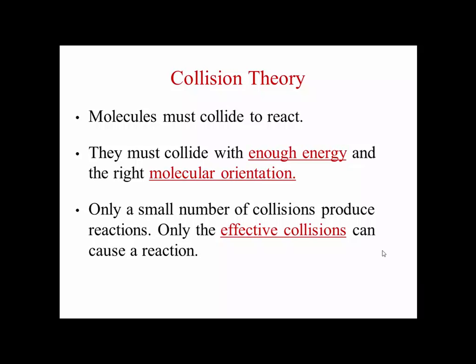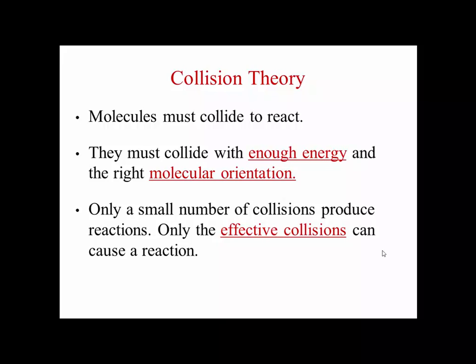So we're going to go into a little more detail about all of those factors that affect the collisions. So we know that in order for reactions to occur, molecules must collide with enough energy and the correct orientation. Only a small number of collisions will produce reactions because only the effective collisions can cause a reaction.